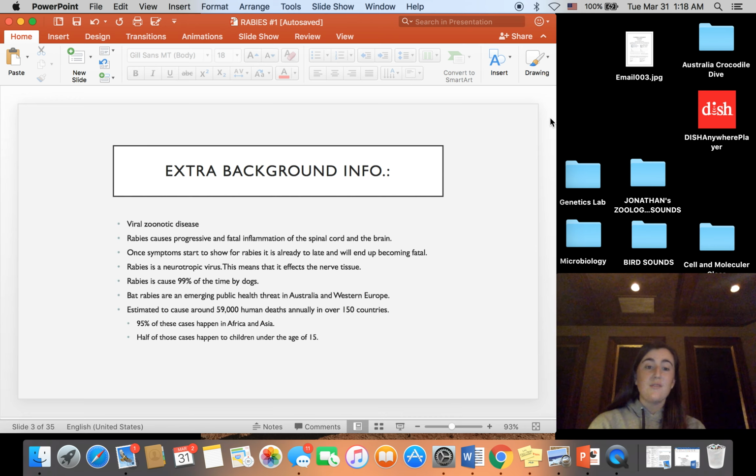And half those cases happen to children under the age of 15. Rabies is caused 99% of the time by dogs. And a new upcoming health threat is in bats, which are starting to get rabies, and that threat is in Australia and Western Europe.